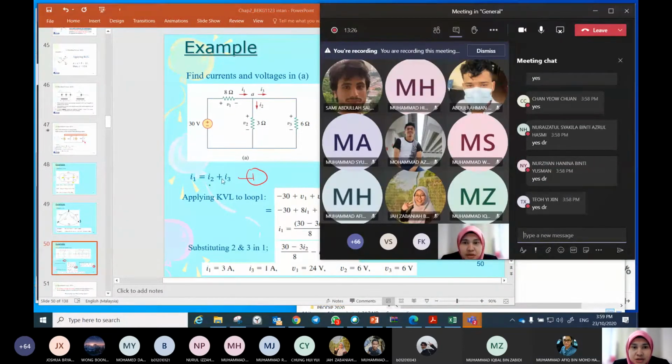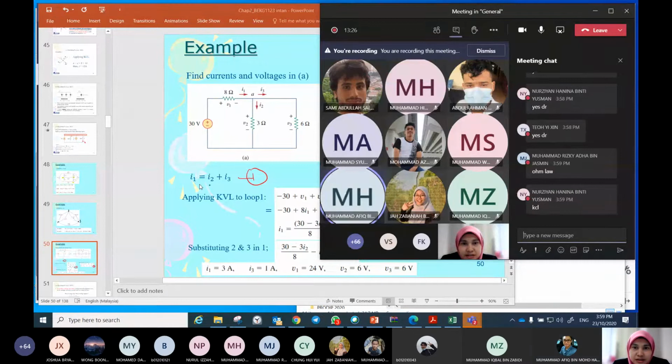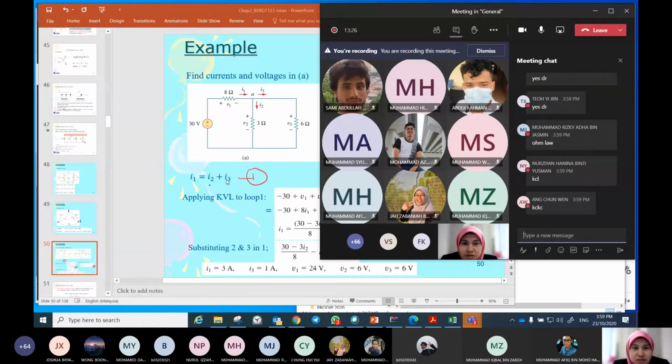This, I1 equal to I2 plus I3. Ohm's law? Okay, how about others? KCL. This is KCL. When you see the current in the equation, all the terms are in current.